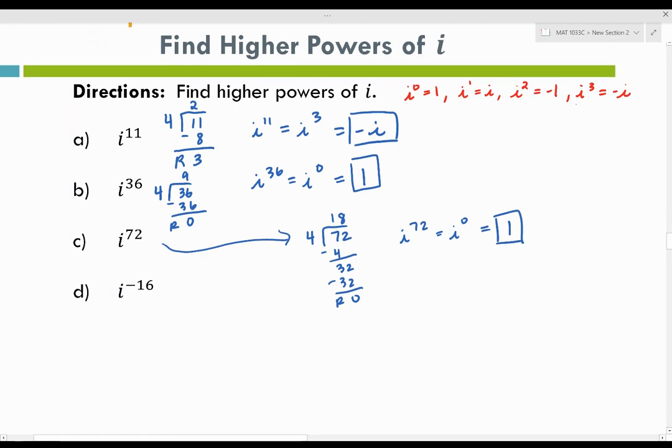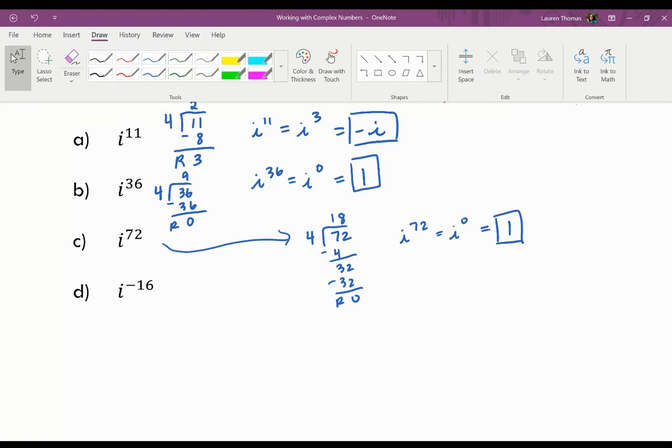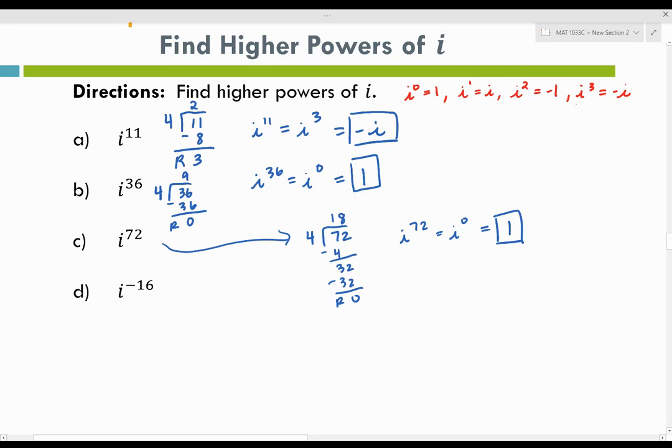Let's try the last one. For D, you'll notice that our exponent is negative. When we talked about our laws of exponents, we know that if we want to make our exponent positive, we can change the levels of our problem. With the negative exponent rule, x to the negative n can be changed to 1 over x to the nth.